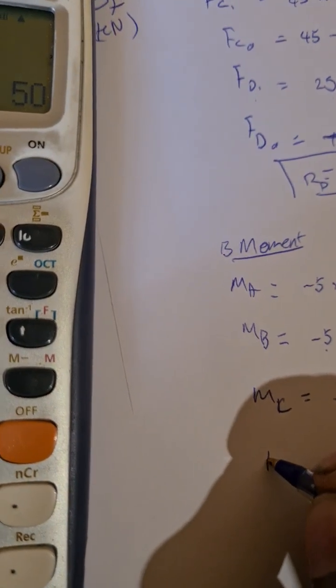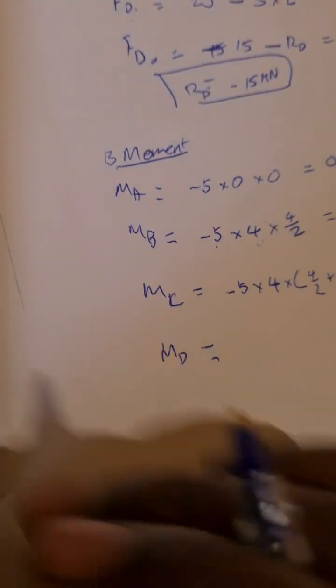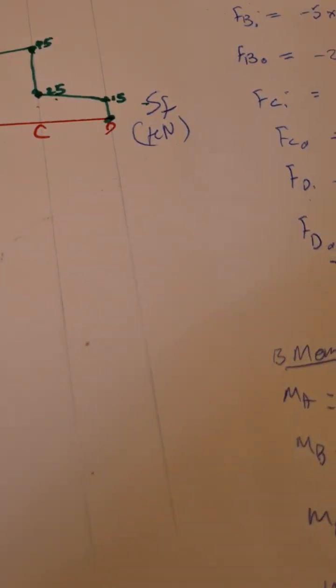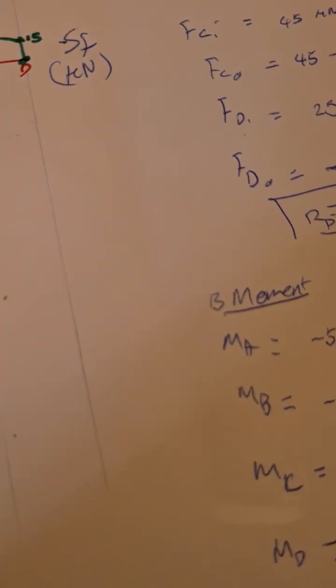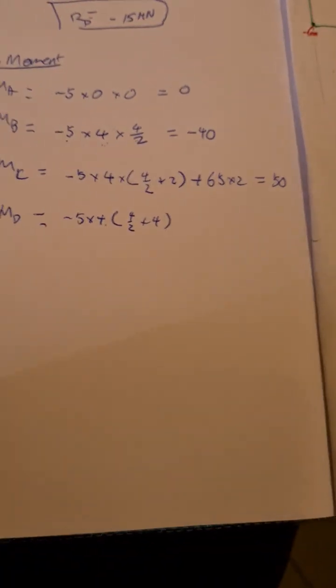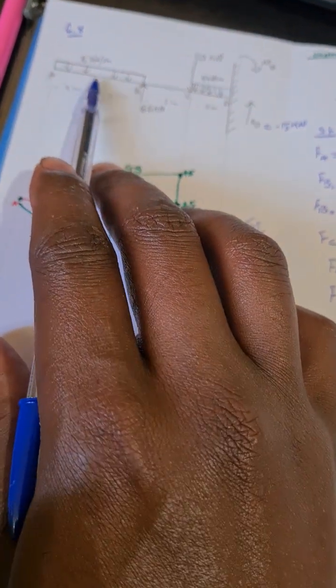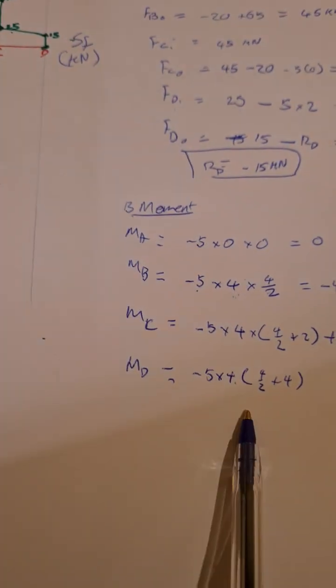Then moment at D, we need to calculate it also. So again, the UDL still minus 5 times 4 into that distance over 2 plus whatever distance that is left. So after the UDL we have 4 again plus 4 this time. So we have something like this, minus 5 going down. The UDL ends at this distance from A to B, that's why it's times 4.